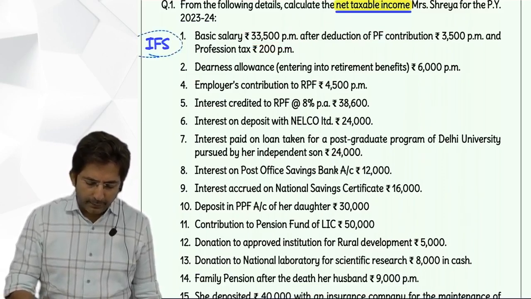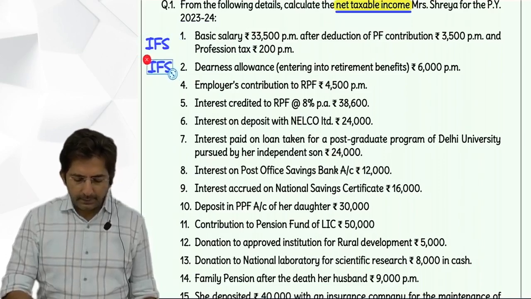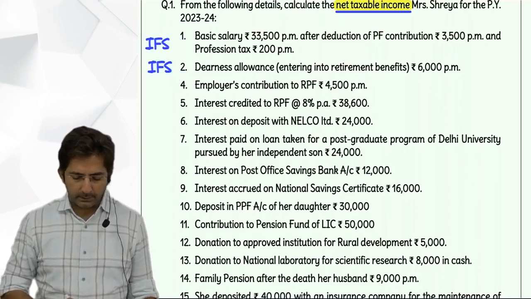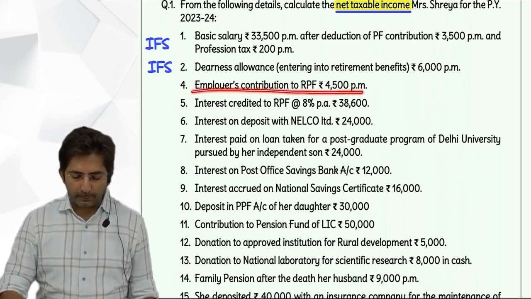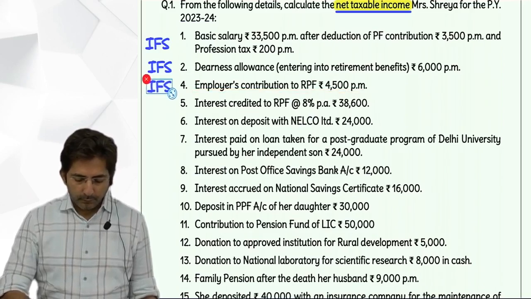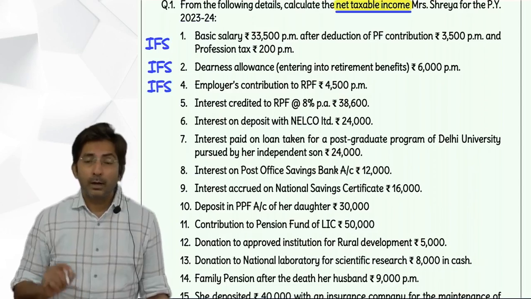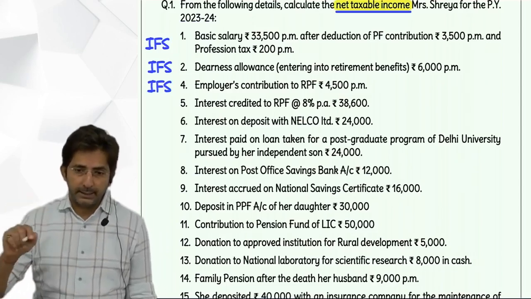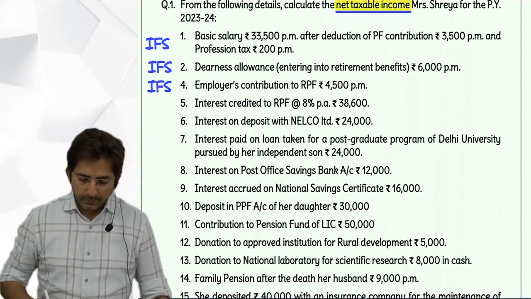DA entering into retirement benefits or not, whether DA is entering or not, it is fully taxable. Then what about employer's contribution to RPF? Here also you can write IFS and tell me the effect also. First you will write in the inner column, then exempt up to 12% of basic plus DA entering plus turnover commission. Okay. Then interest.